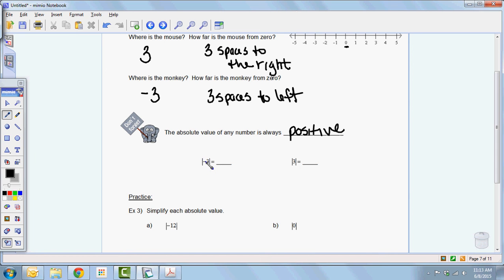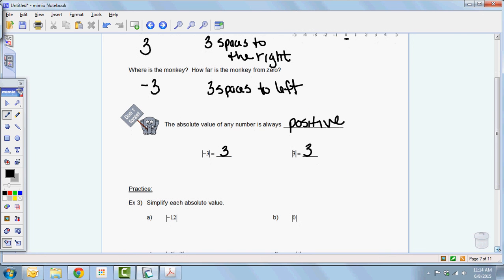This means what's the distance -3 is from 0? What is the absolute value of -3? Well, it's 3 spots away from 0, just like we had up here. The absolute value, or the distance from 0, would be 3. Okay? So that's what absolute value is.